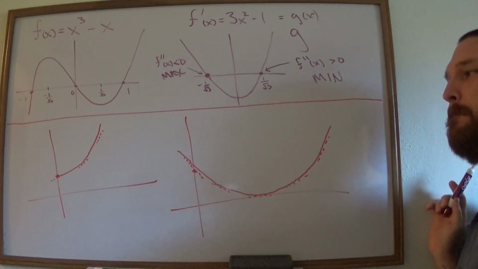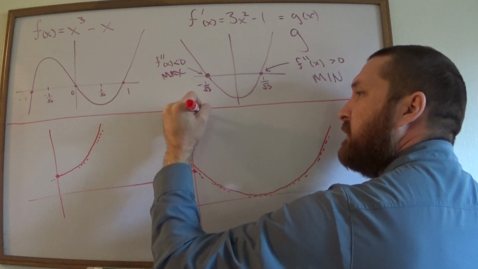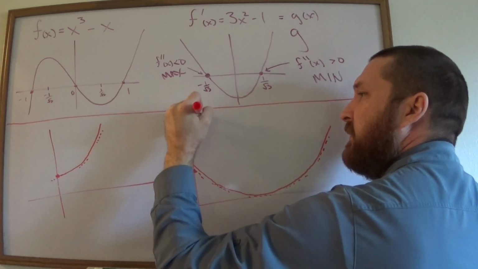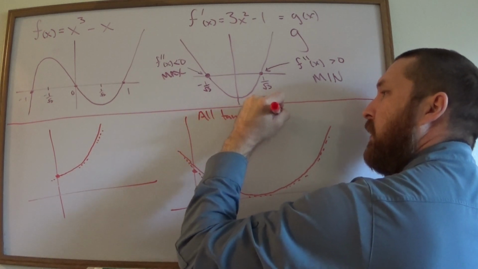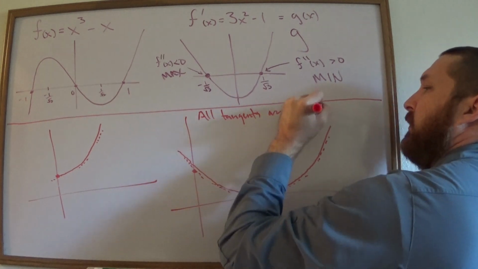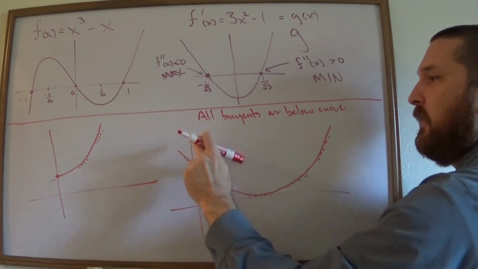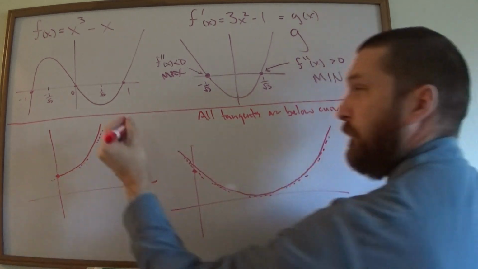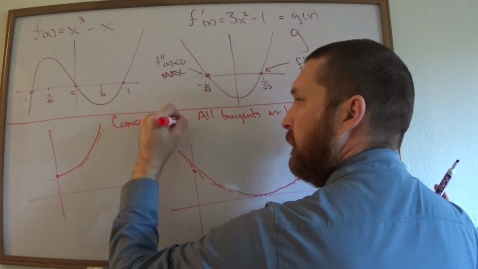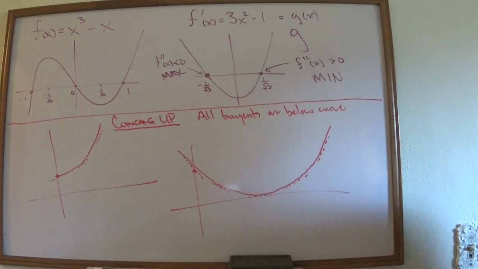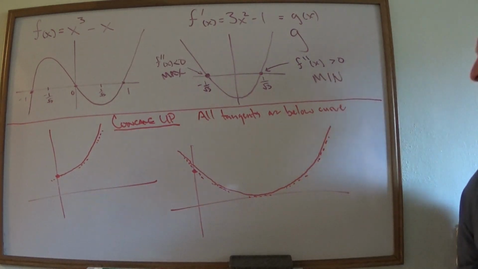So a function with the property that all tangents are below the curve, we call that concave up. Like a cup. A cup is concave up. That's how I remember it.